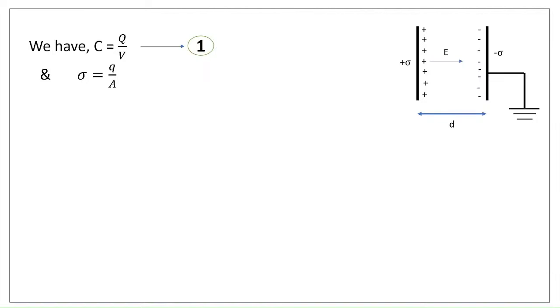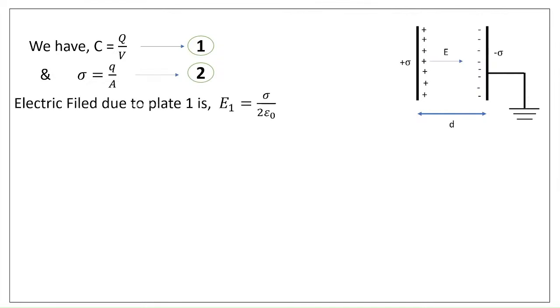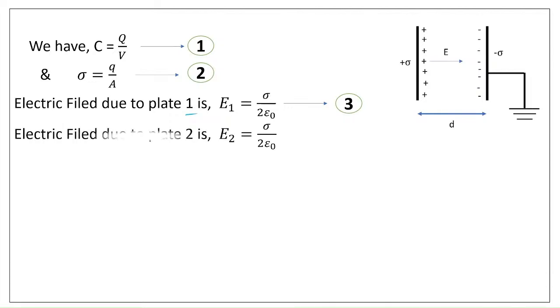And sigma is equal to Q by A. Mark as equation 2. Electric field due to plate 1 is E1 is equal to sigma by 2 epsilon naught. Mark as equation 3. Electric field due to plate 2 is E2 is equal to sigma by 2 epsilon naught.